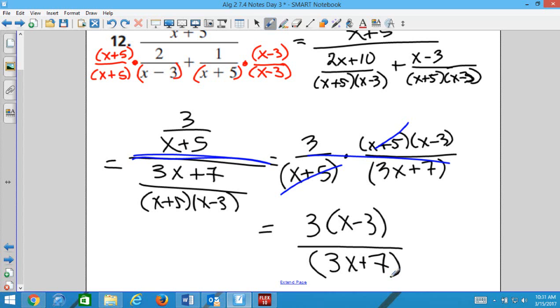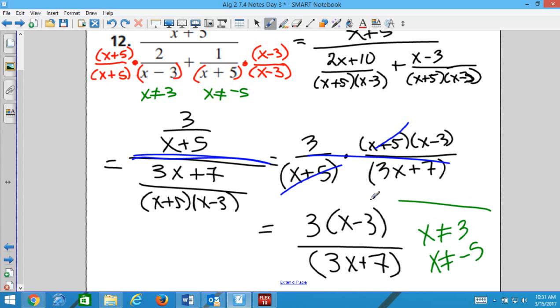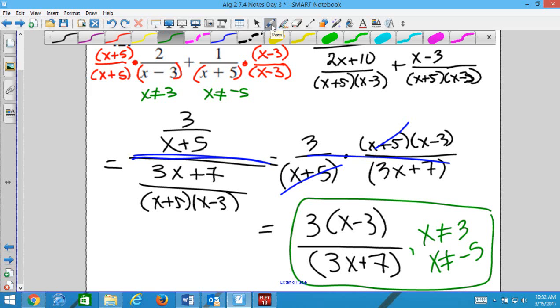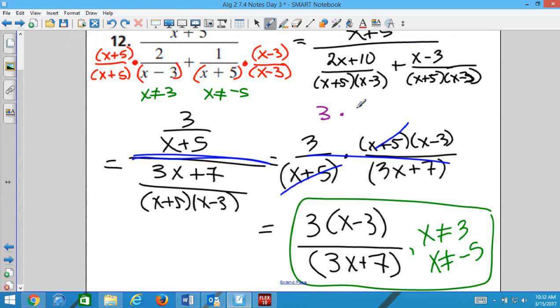Are there any exclusions at the beginning that are not at the end? Are those exclusions here? Nope. When you are multiplying, I just made numbers.